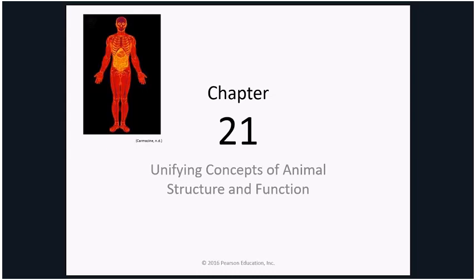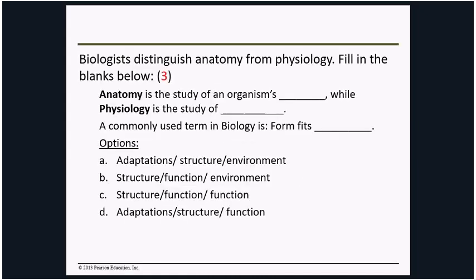All right, so chapter 21, we're going to start getting into the structure and function of things. The overarching vocabulary with it would be anatomy and physiology. So you can use your text over on the side, or you can use your microphone to tell me, pick A, B, C, or D for this question.